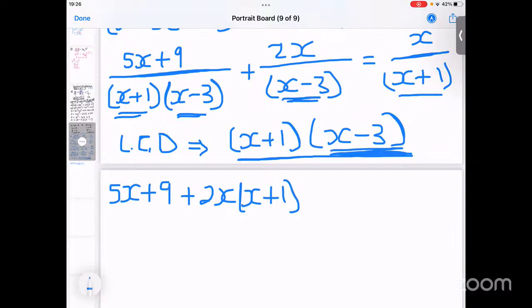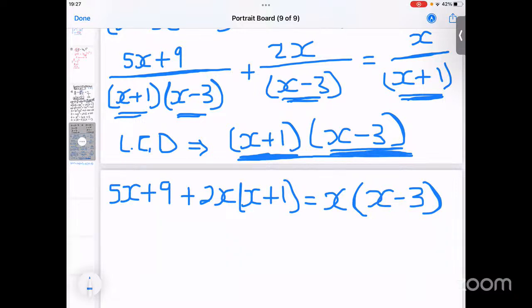That's how you flatten it. And then on this side, you end up having your x, which is being multiplied by that x minus 3. Why that one? Because that will cancel with that. So can you now see, you've got a flat equation, which is what you wanted from the beginning.